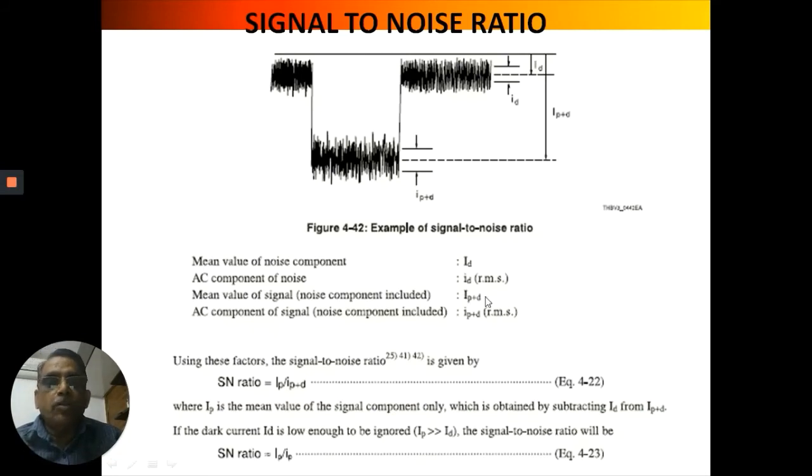The AC component of the noise is small id RMS value, the mean value of the signal is IP plus D, and the AC component of noise is small ip plus D. So if you want to look at the signal to noise ratio, it's the ratio of the capital IP divided by small ip plus D. If the dark ID is very low, then you can look at the signal to noise ratio as capital IP divided by small ip, and that is how you can estimate the signal to noise ratio based on these parameters that you have from the instrument PMTs.